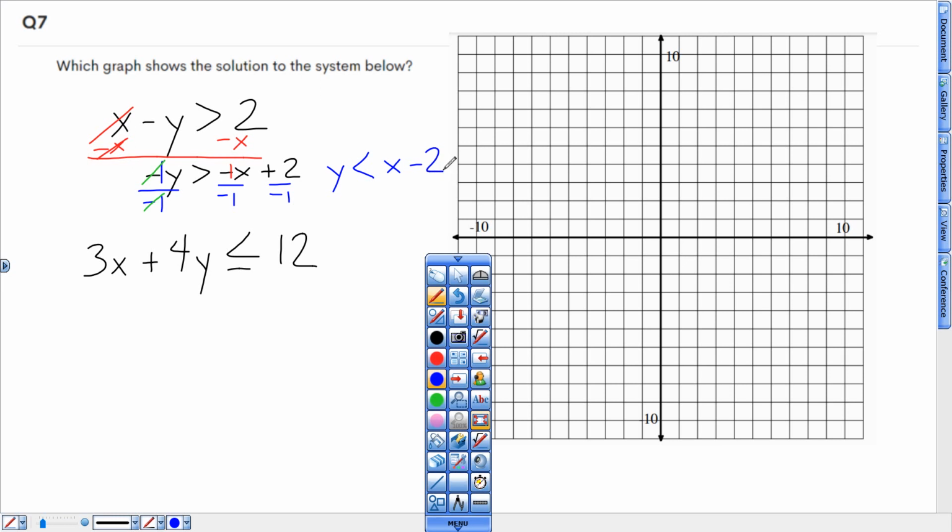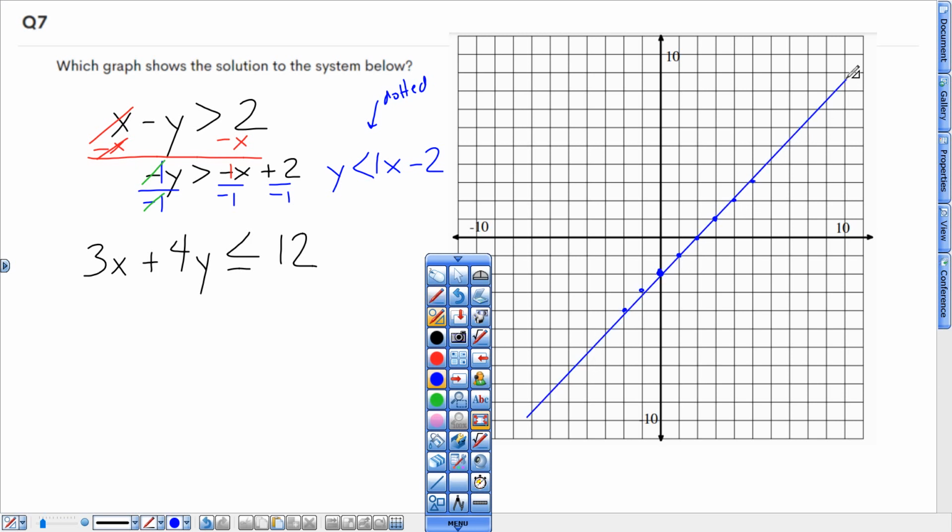So if I graph that, that will be at negative 2 on the y-axis. That slope of being 1 over 1, right 1, up 1, right 1, up 1. This line is going to be dotted because it's missing the equal line under there. So if I draw a blue dotted line, I'll show you how to make it dotted.